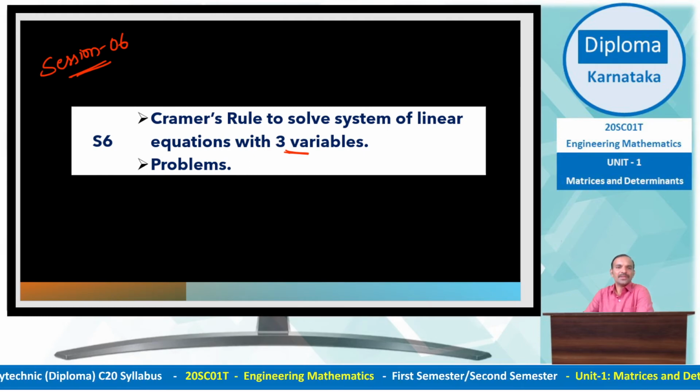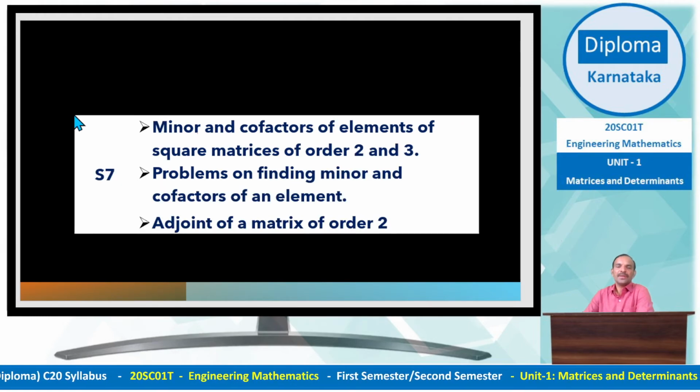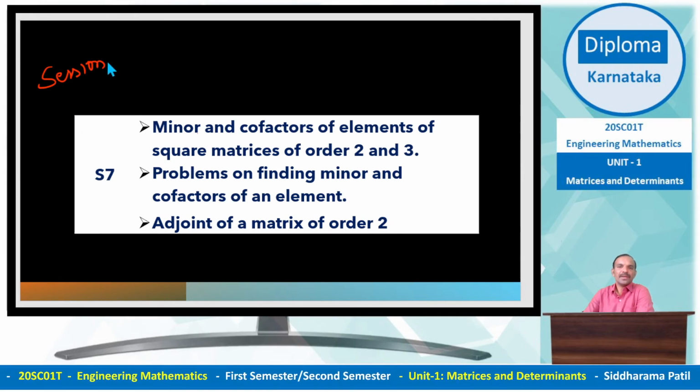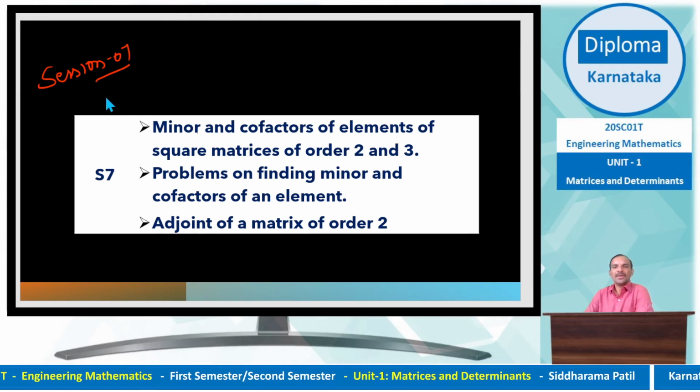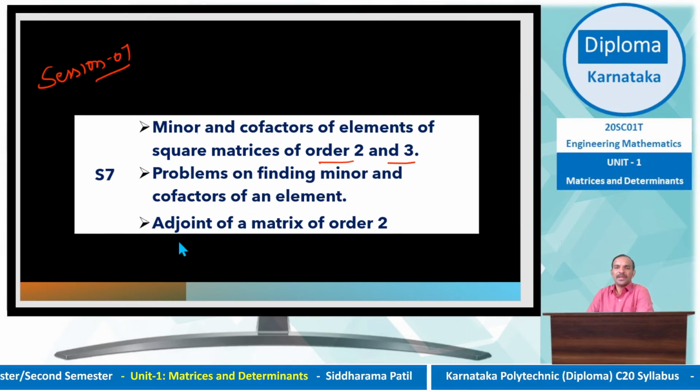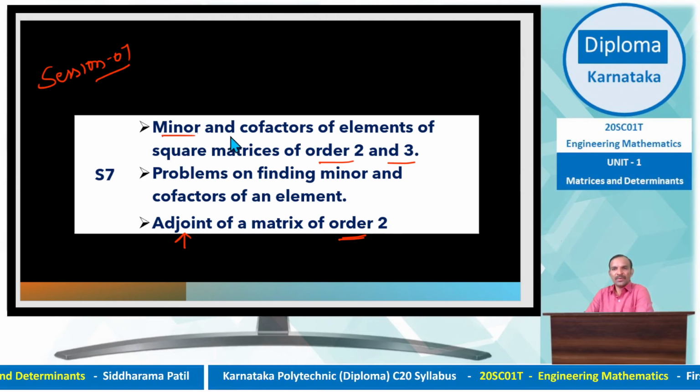In session 7, you are going to learn minor and cofactors of elements of a square matrix of order 2 and 3 and problems, and also adjoint of a square matrix of order 2. ಅಂದ್ರೆ minor ಕಲಿತೀರಾ, cofactor, adjoint in session 7.